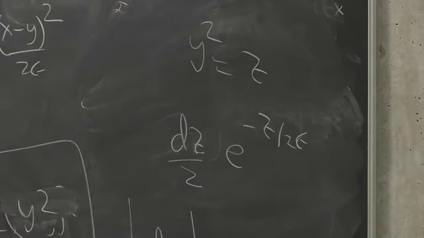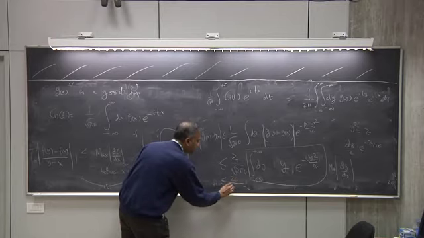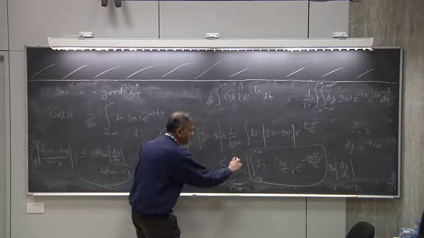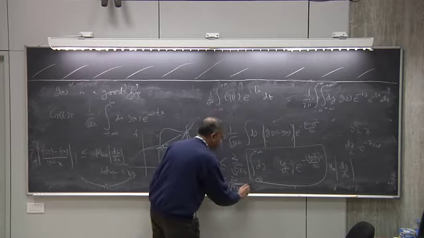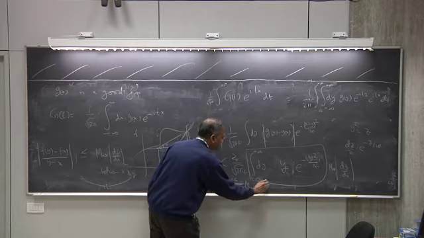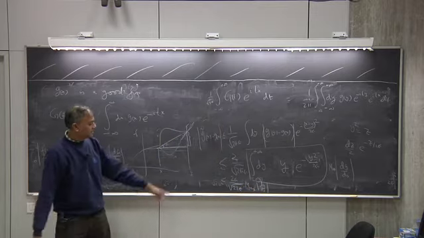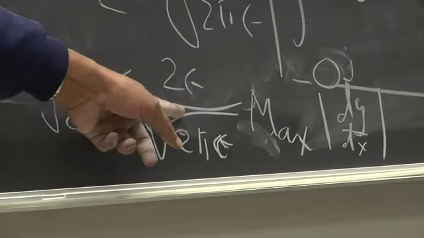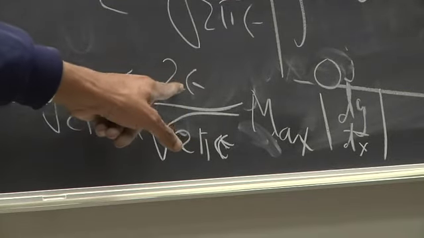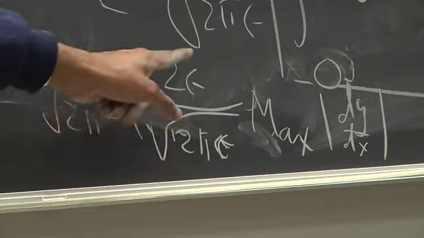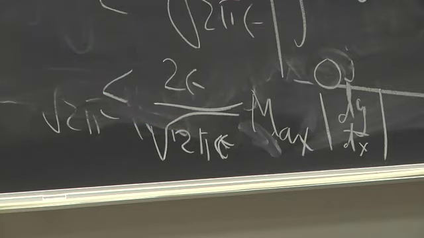So, the whole thing in fact gives you 2 epsilon divided by root 2 pi epsilon, that is the result of all this part, times the max, which is a number. Now, you see in the limit epsilon goes to 0, there is a root epsilon down, but up is epsilon. So, finally, what is left over is square root of epsilon up. So, as epsilon goes to 0, this vanishes.